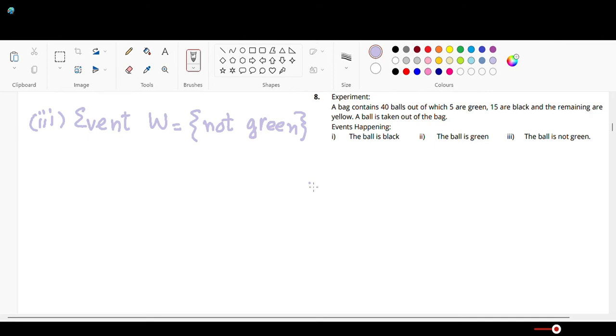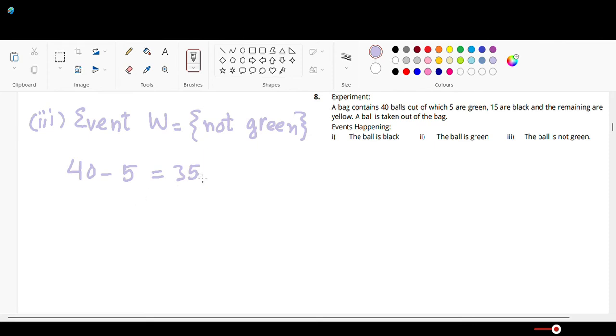Well, we subtract the green ones out of the total and we get the remaining. We have 40 as a total and 5 green balls, so when we subtract 5 out of 40, we get 35, and that means 35 balls are not green.